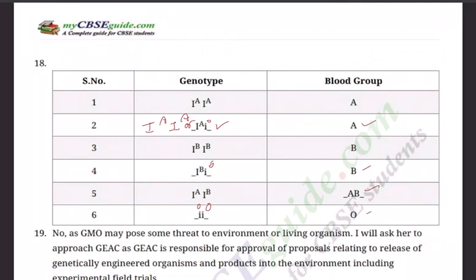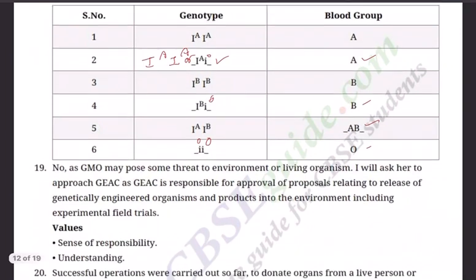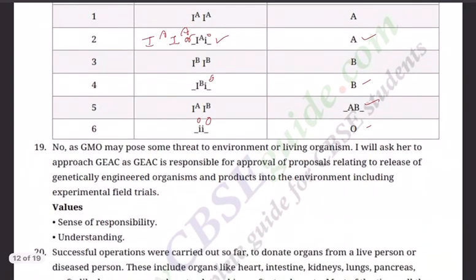Next, question number 19. Sangeeta has developed a transgenic crop, a GMO, genetically modified crop. She wants to grow this crop directly in the field. Will you allow her to do so? What will be your suggestion to her? No, we will not allow her, as a GMO may pose some threat to the environment or living organisms.